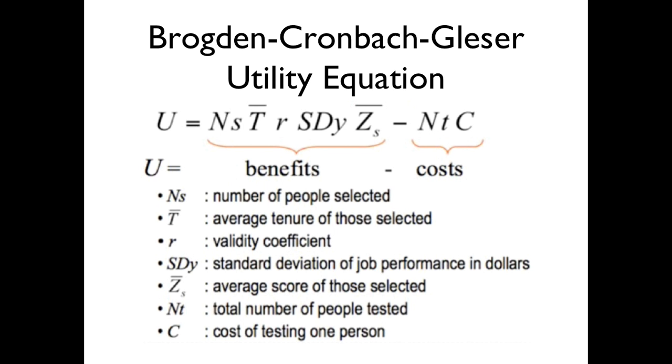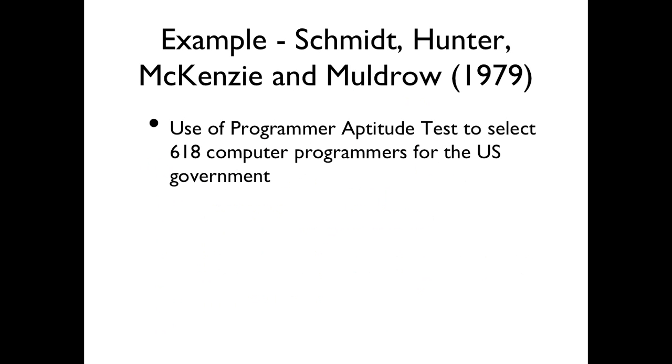An example of how this cost-benefit analysis has worked is in Schmidt, Hunter, McKenzie, and Muldrow. They used a computer programmer aptitude test to select 618 computer programmers, and that saved $37.9 million over the time those employees were with this company.